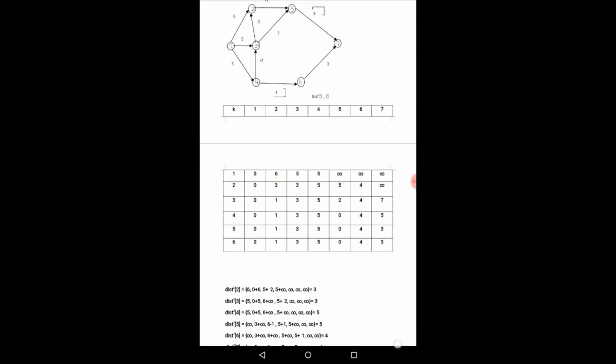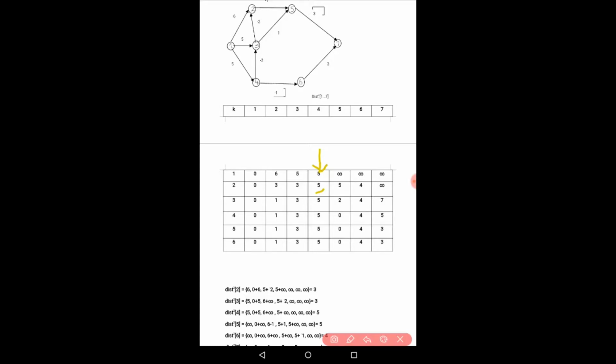Now I have to go for the next cell, I have to get this value. My current node now is node 5. The same procedure I have to repeat. How will I write for node 5?